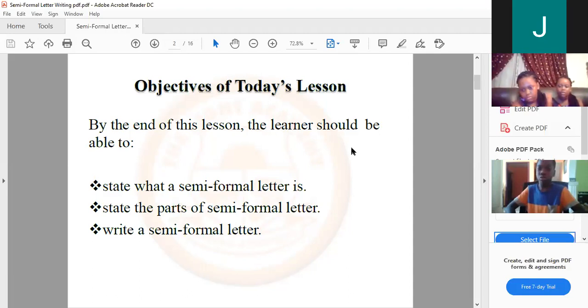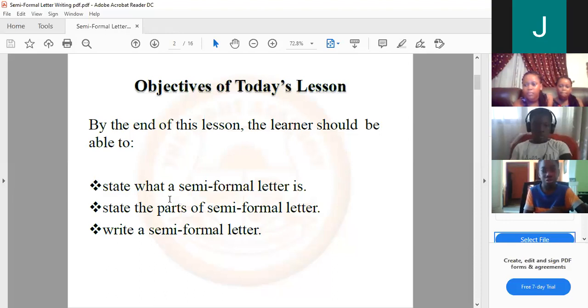Okay, so that is the first objective, that all of you will be able to state what a semi-formal letter is. The second objective is to state the parts of semi-formal letters. That is the format. So when I call you right now to tell me the format, from address, we go to date, we go to so and so, you will be able to do that.